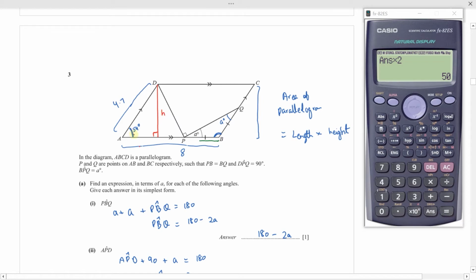I know this angle is 54, and I also know that this side is 4.7. So I can use this triangle to find the height. I know the hypotenuse, I know this angle, so sine of angle DAB will be the perpendicular, which is h over 4.7. So then I can calculate h from here.